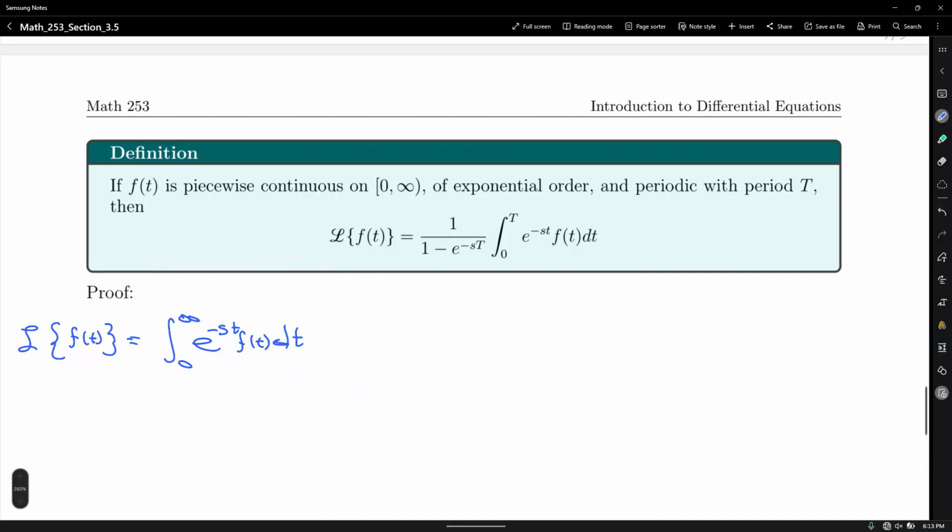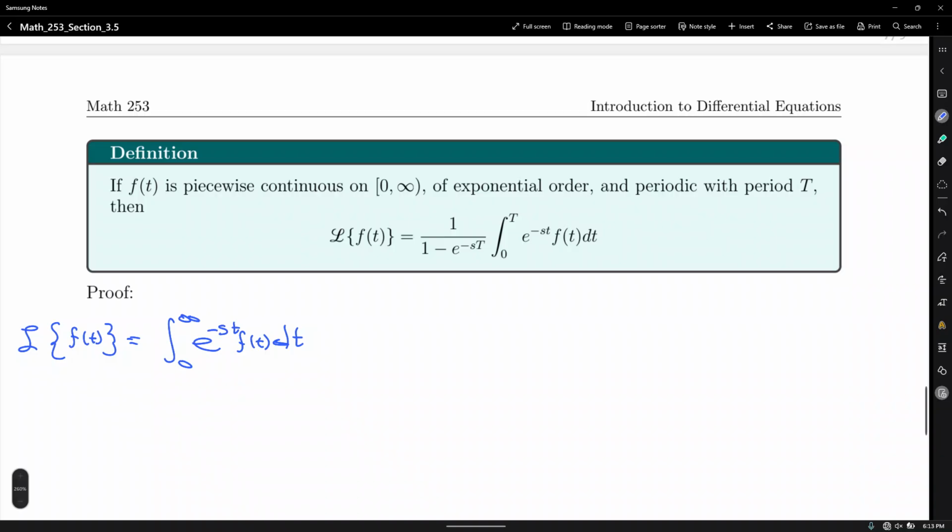Because guess what, guys? A piecewise continuous function that has a period T, we're going to chop this function. How? Well, we can go from 0 to infinity, making as many stops as we can. Those stops are going to be in the form of jump discontinuities potentially.